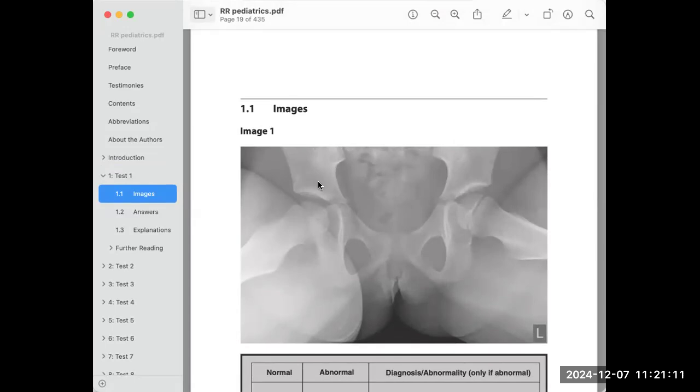I take screenshots of these 5 or 6 images that I got wrong and put them in a separate folder, name it mistakes, name it revision, or anything. And on a weekly or monthly basis, I review this folder.